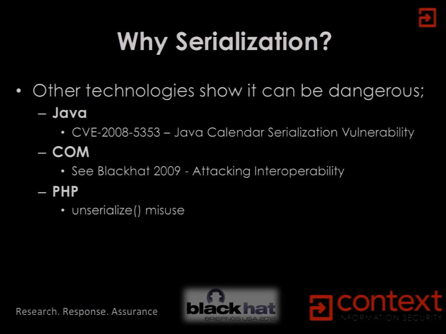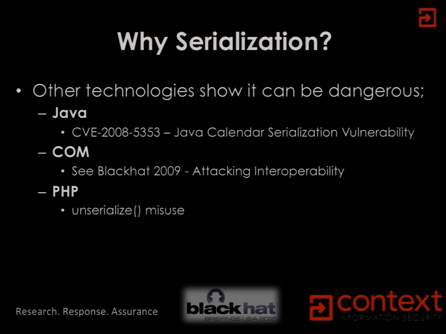So why would we care? What is it about serialization which might be a bad thing security-wise? Well, we only have to look at other technologies to demonstrate the potential risks involved in serialization mechanisms. You have almost the canonical example of serialization vulnerabilities in Java. I'm sure most people here know about Java serialization issues.